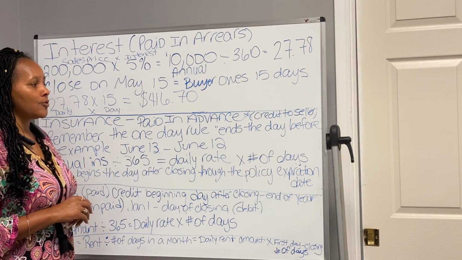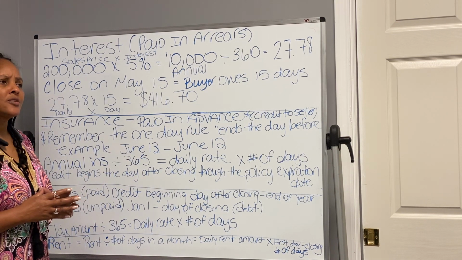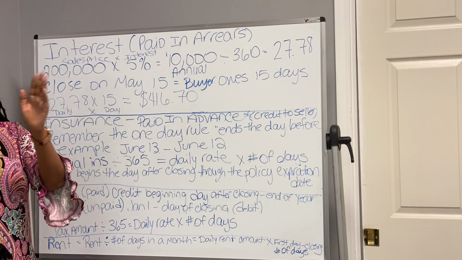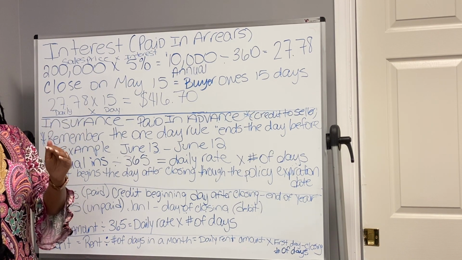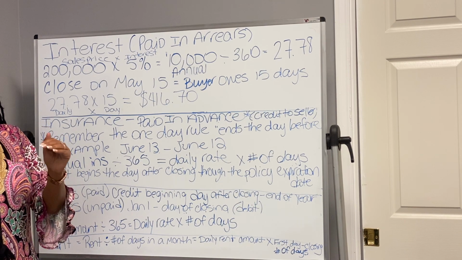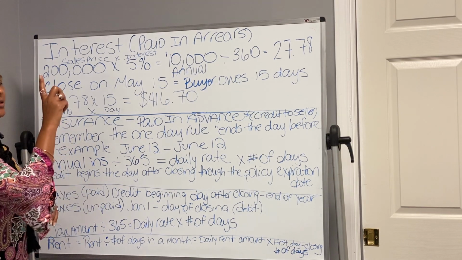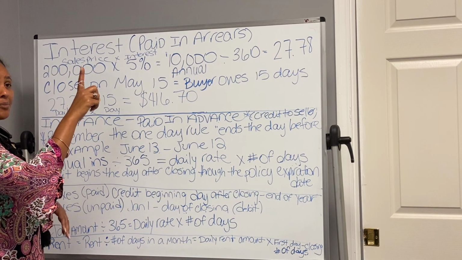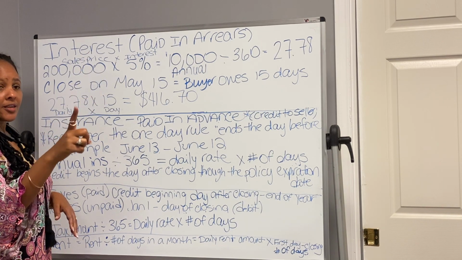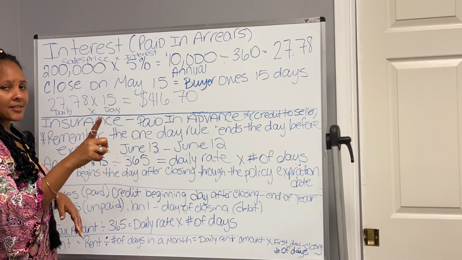Remember the first rule: when we're talking about a year, the hazard insurance can go from April 1st of 2019 all the way through April 30th of 2020. One calendar year is the first day that the policy begins, all the way into the next year, to the last day of the month before.